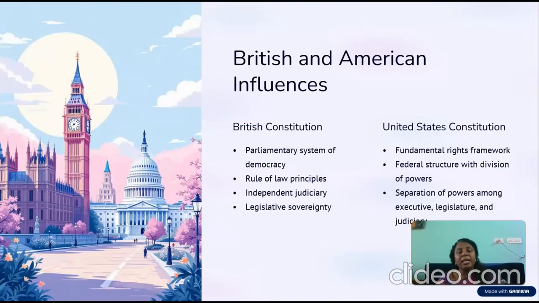On the whole, the British and American influence is more in our constitution. As we all know, the parliamentary system, rule of law, independent judiciary and legislative sovereignty are from the British constitution, and also the federal framework, fundamental rights and separation of powers among the executive, legislature and judiciary.